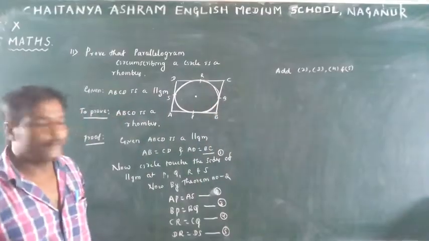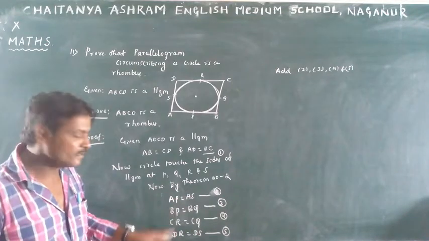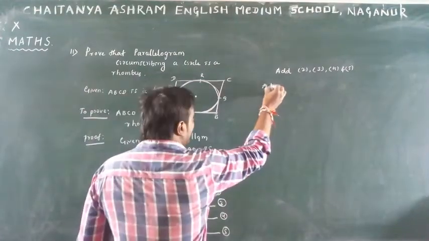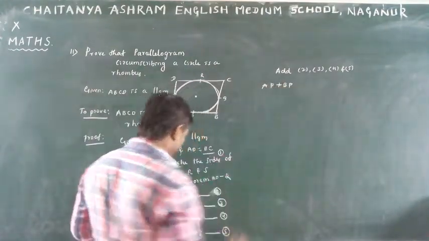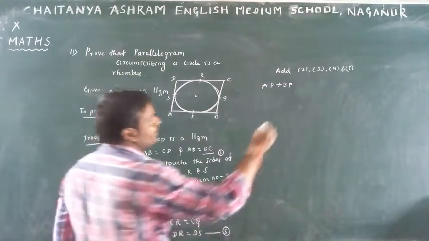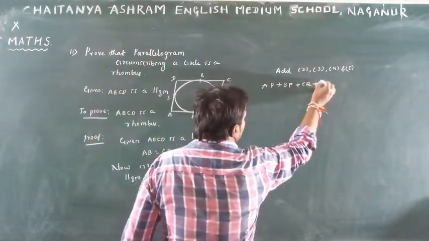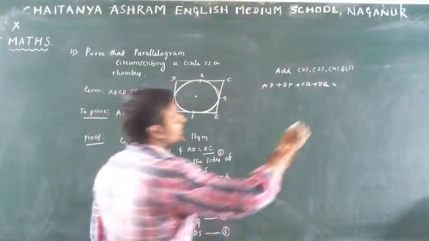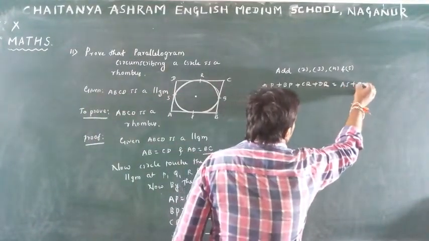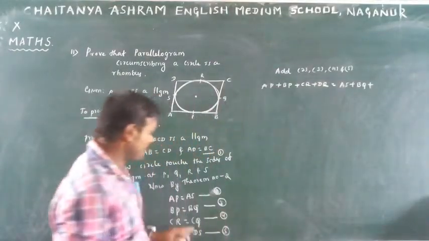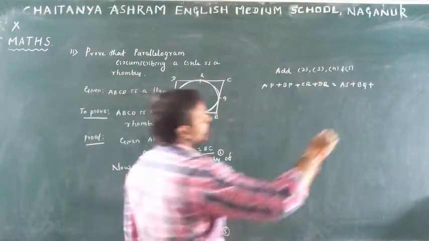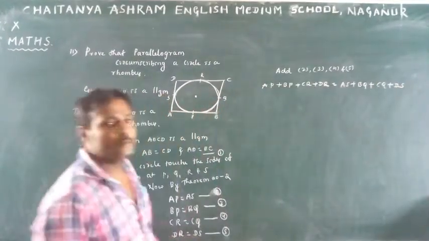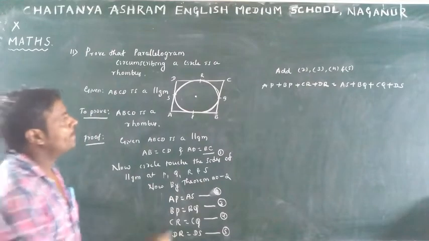In our previous video we learned how to add such equations, add their LHS and RHS, that is AP plus BP plus CR plus DR plus CR plus BR is equal to AS plus BQ plus CQ plus DS plus CQ plus BS. Now, from the figure, observe carefully.